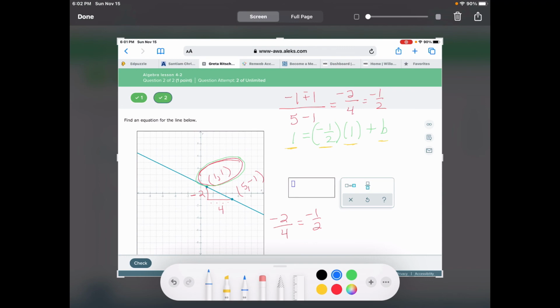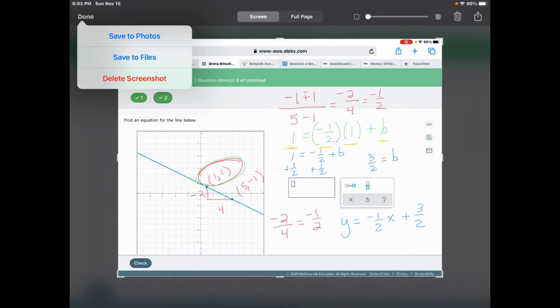So negative 1/2 times 1 is just negative 1/2. So I'm going to add 1/2 to both sides. 1 plus 1/2 is 3/2 equals b. Okay, so y equals, my slope was negative 1/2 x plus 3/2.